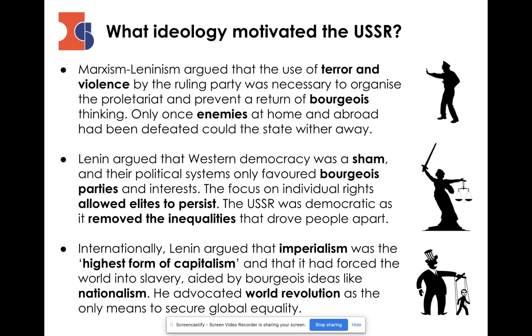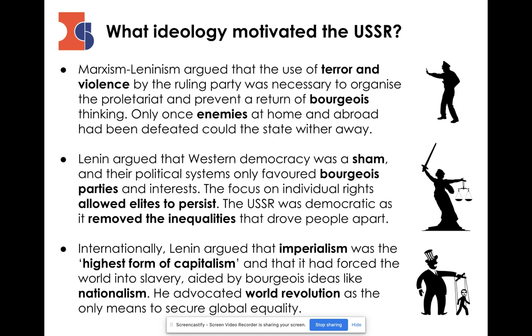So why was it so authoritarian? Well, Lenin argued, as we saw in Russia, that yes, it's one thing to have a revolution and get rid of a government, but the enemies of the revolution, the ruling and middle classes, would return and take back power from the working class unless you could scare the middle classes and upper classes with the use of terror and violence. Terror and violence would be necessary to prevent the return of the bourgeoisie. Okay.